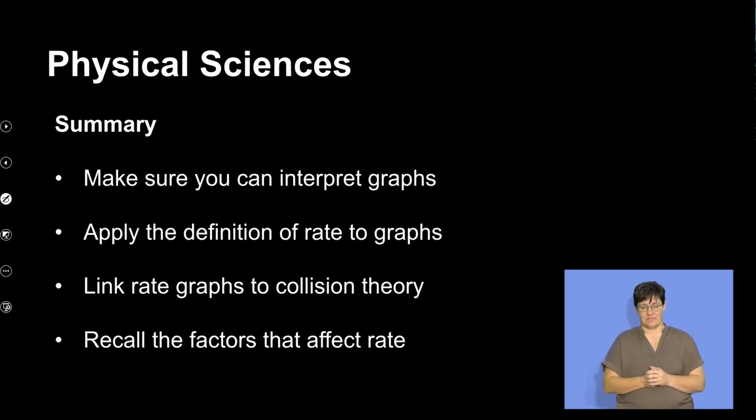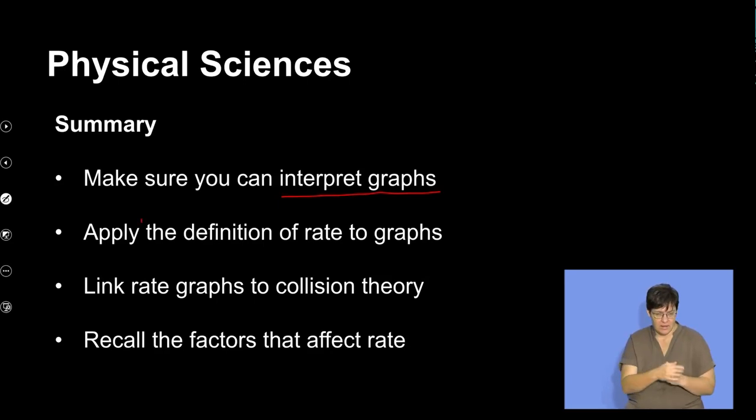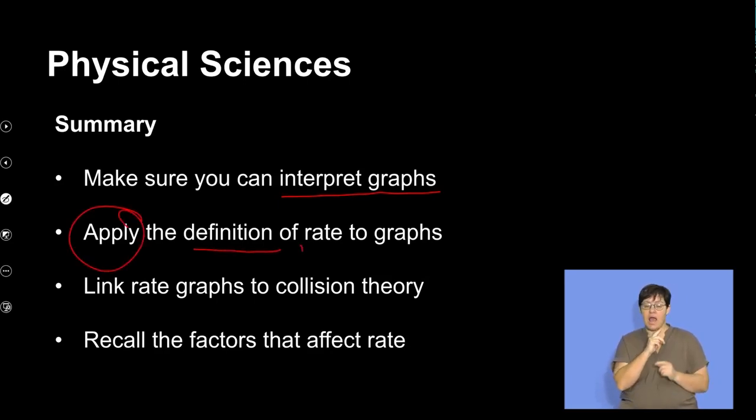Right. And in summary, we are now almost at the end of our lesson. I just want you to make sure that you can always interpret your graphs. Remember, you have different graphs that you're looking at. You must be able to interpret them, know and understand conceptually where they fit in. You must be able to apply the definition of rate of reaction to graphs.